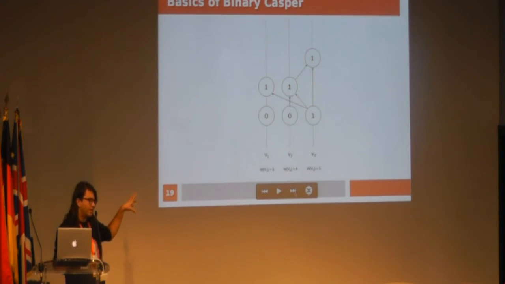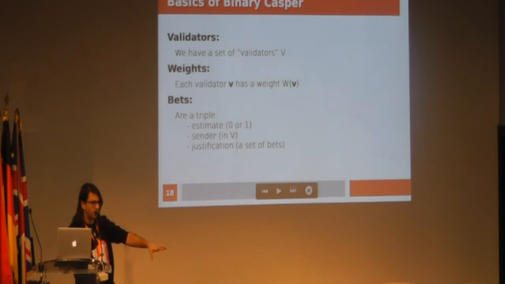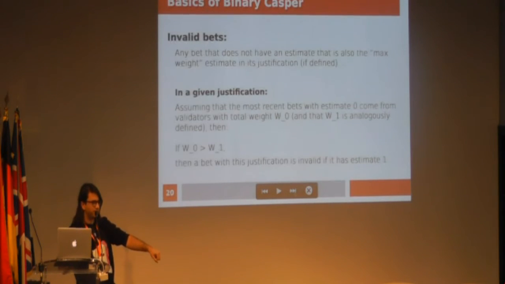So in this case, the bet from the validator 3 in the bottom right is included in the justification of the second bet from validators 1 and 2. And this graphical representation will be possible for any set of bets. So rather than thinking about this more abstract data structure with an estimate, a sender, and a justification, you can try to picture these graphs.